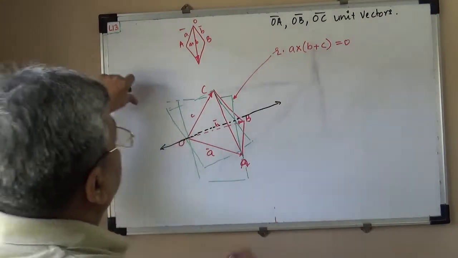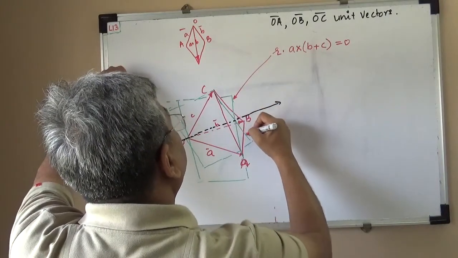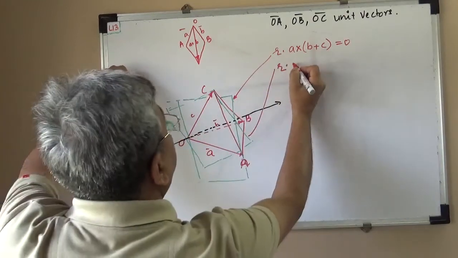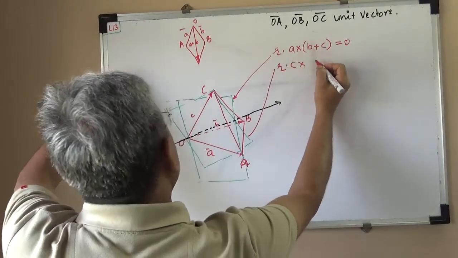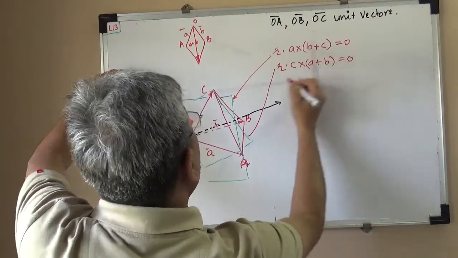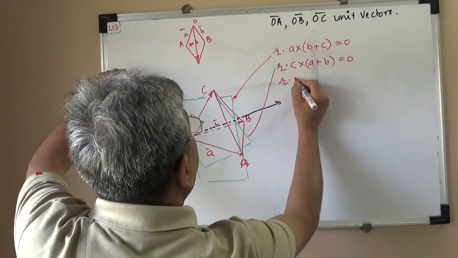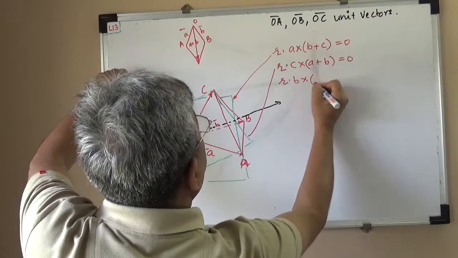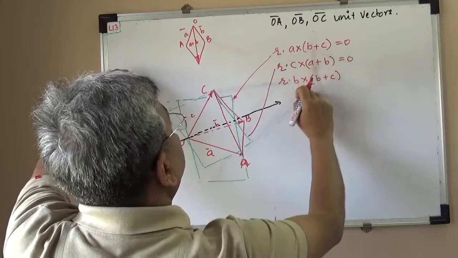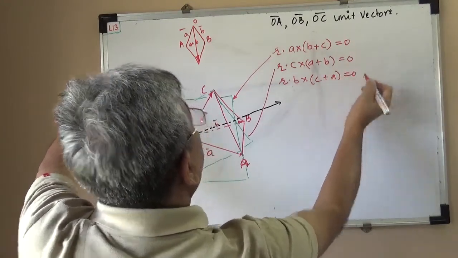Okay, what is going to be the equation of the second plane which I have drawn here? This plane is R dot (C cross (A plus B)) equal to 0, and by symmetry we can write the equation of the third plane as R dot (B cross (C plus A)) equal to 0.